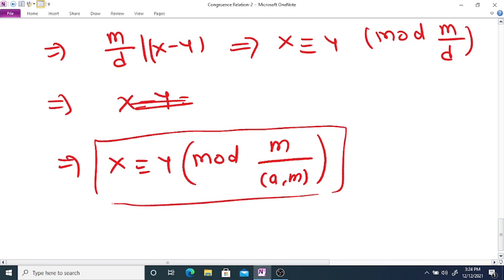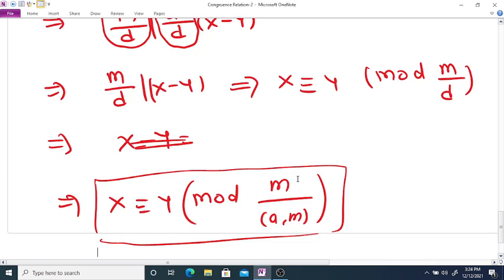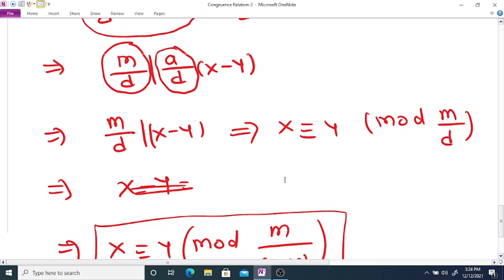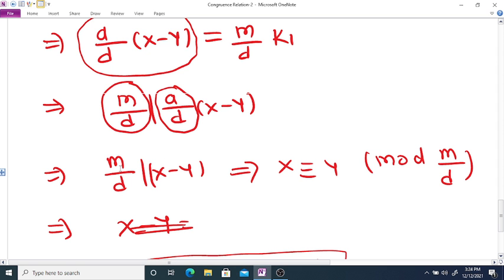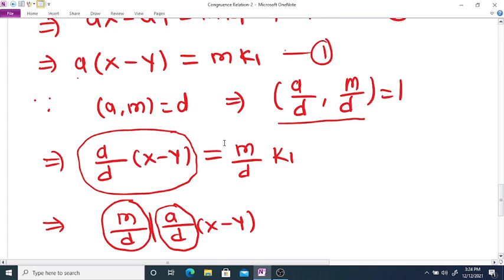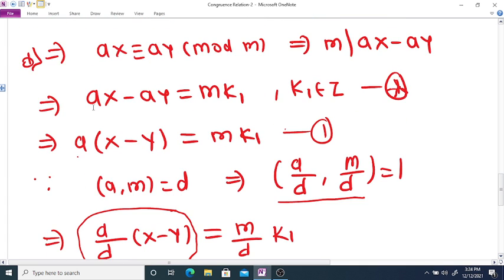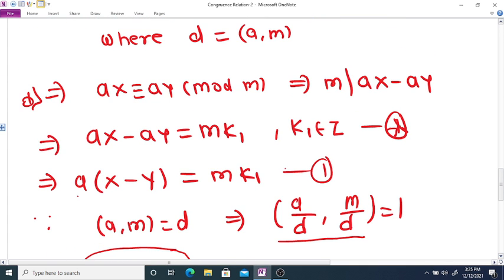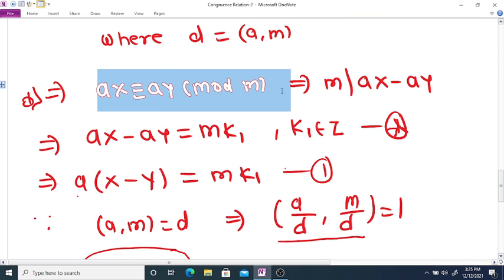You can prove the converse also. That is, if x is congruent to y modulo m by GCD of a, m, then m by D divides x minus y. From this we can write a by D times x minus y equal to m times k, and from this we can write ax minus ay equal to m k1, and so ax is congruent to ay modulo m.